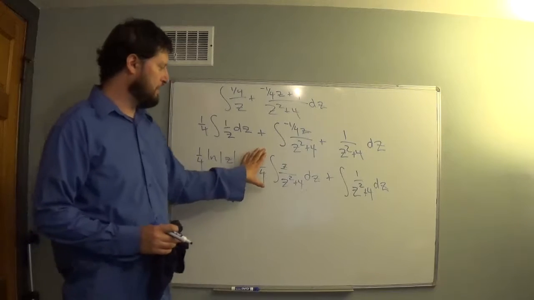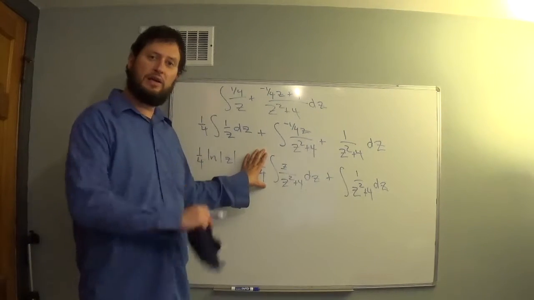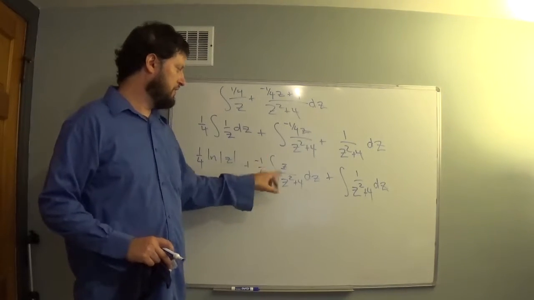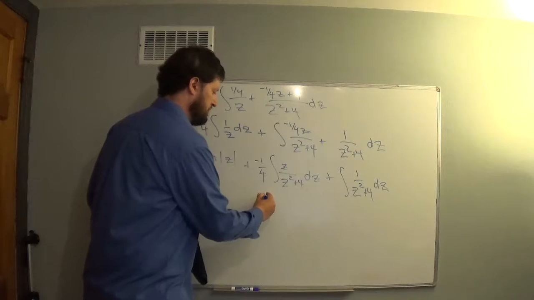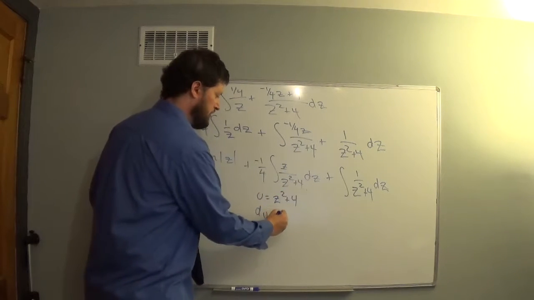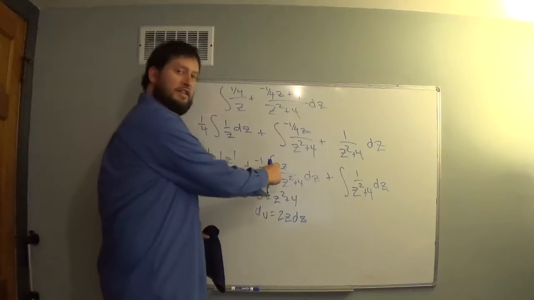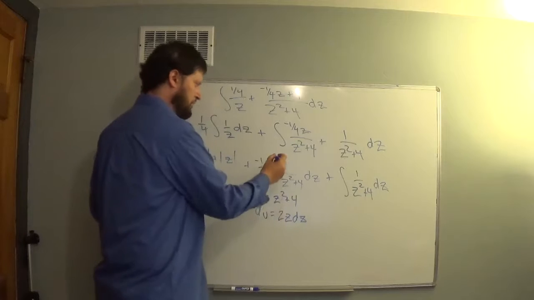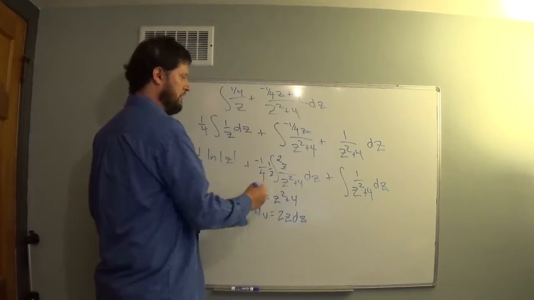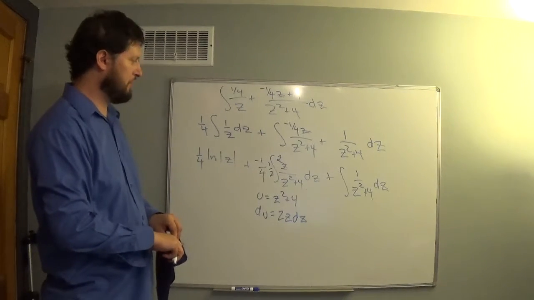If I just gave you Z over Z squared plus 4, that's something that you actually could have done way back when. This is a U substitution. If U is the denominator, then du is 2z dz. I have z dz, so we're going to put a 2 in, and we're going to take a 2 out from our process for applying the U substitution.